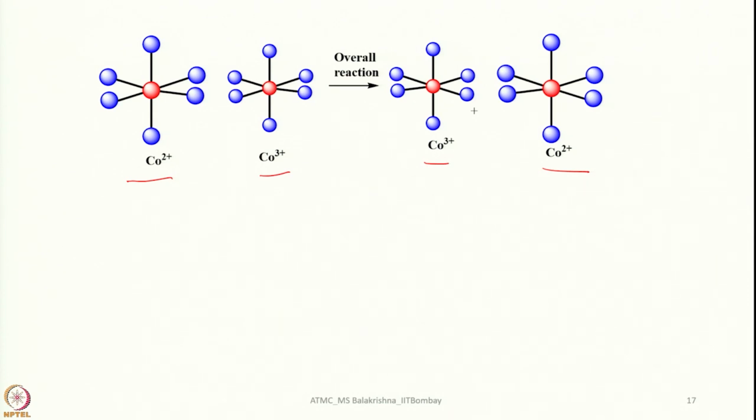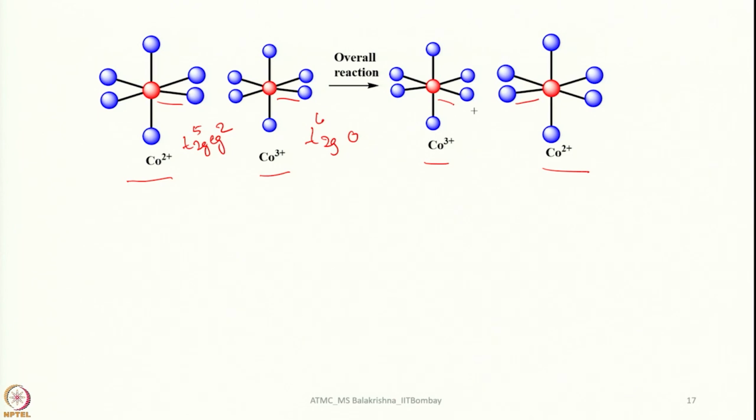One is t2g5 eg2, and this is t2g6 eg0, cobalt 3 plus. Can you see any difference when you look into the diagrams I have shown here? Of course, here you can see bonds are a little shorter compared to this one, this is obvious, and now once the process is over, this one is elongated and this is shortened.